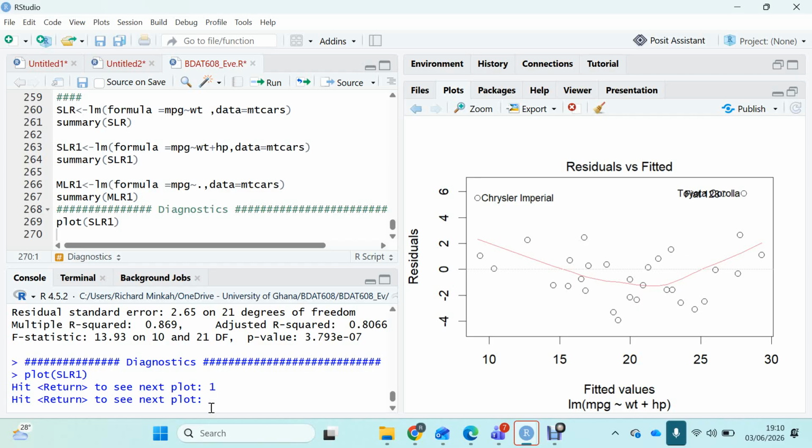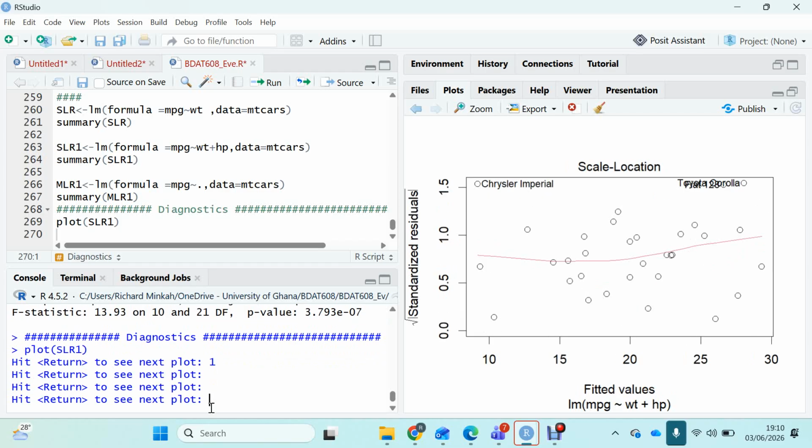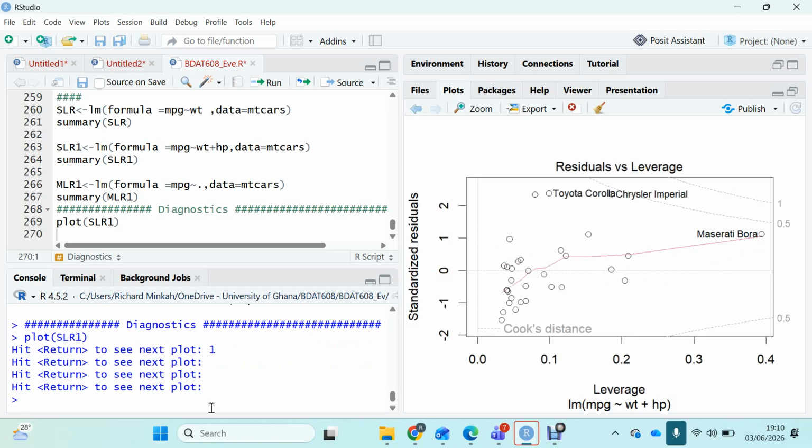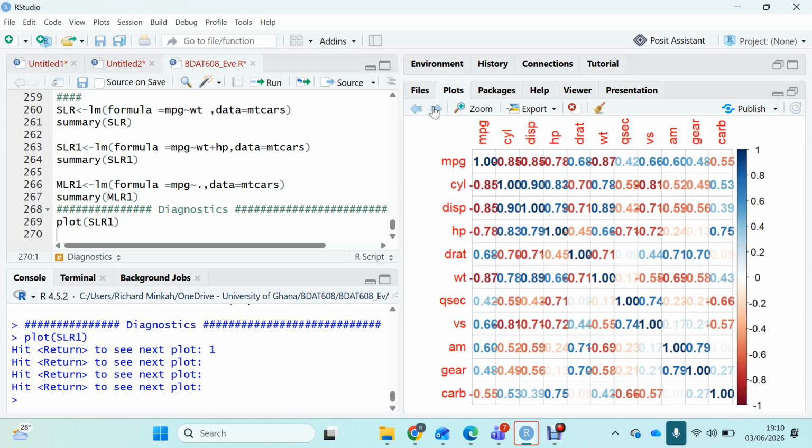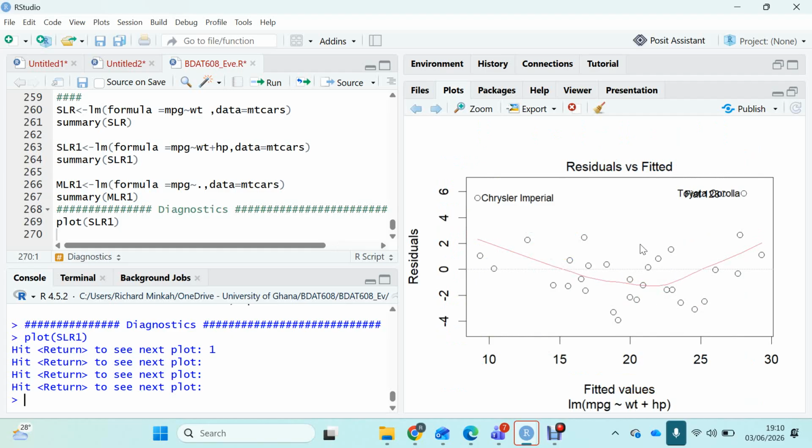Maybe we call it MLR, and then we change this to a dot, and then we do summary.